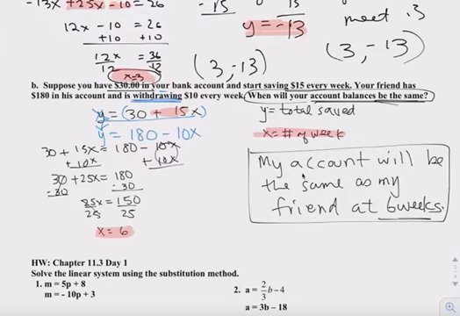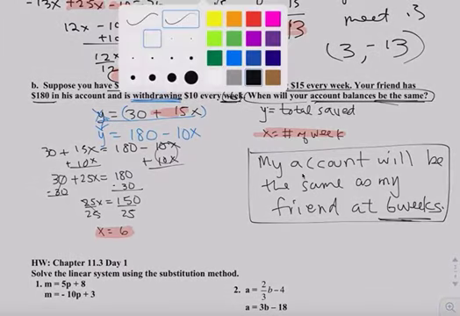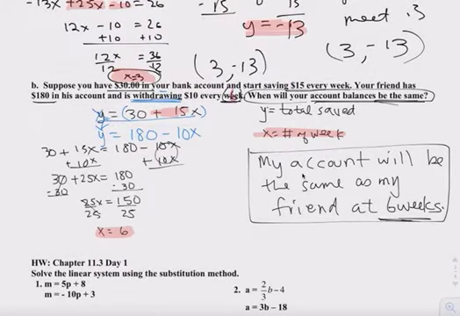Now, if they ask how much your friend has in the bank at 6 weeks, then you go back and substitute 6 weeks. Your friend has $180, and you put 6 weeks where the word weeks is. So at 6 weeks, he spent $60, minus that, that's $120. And here you've saved $15 for every week, and you save for 6 weeks.